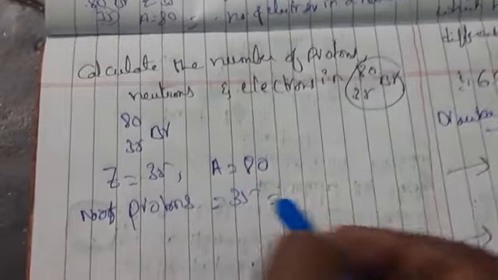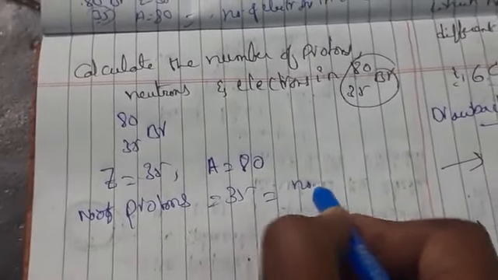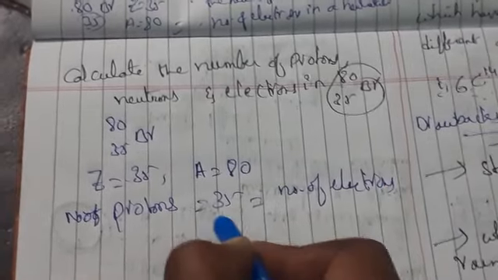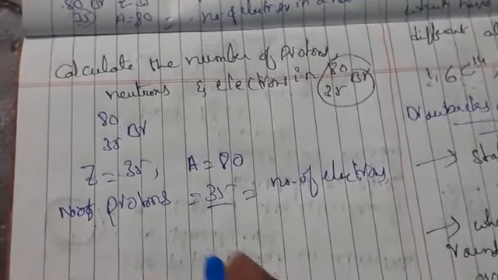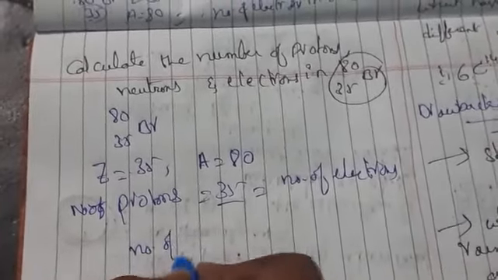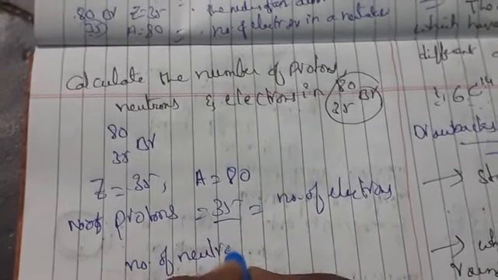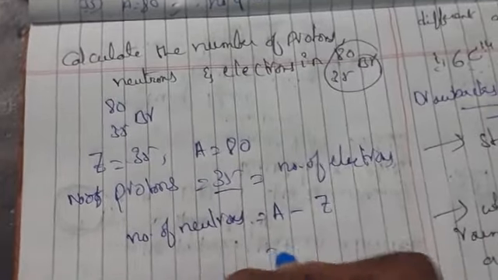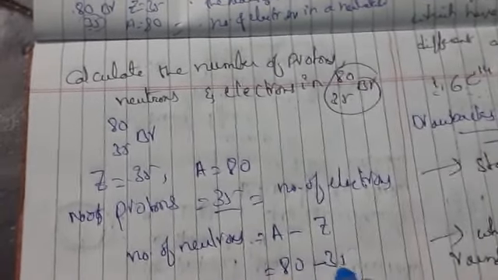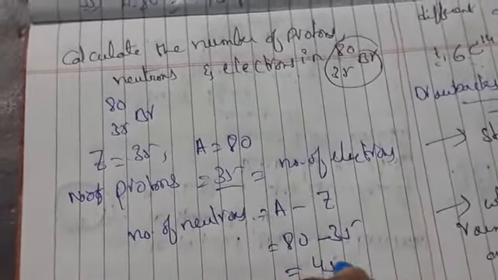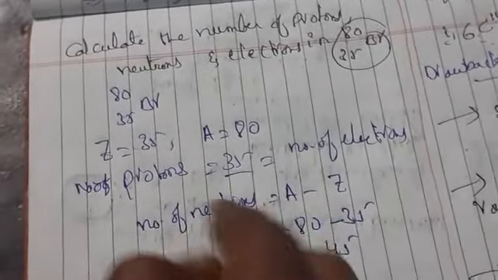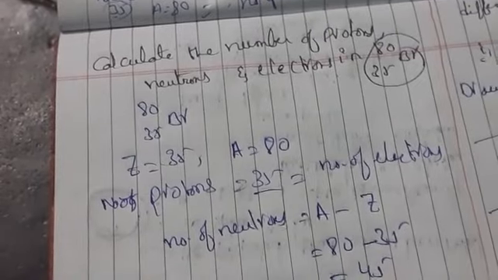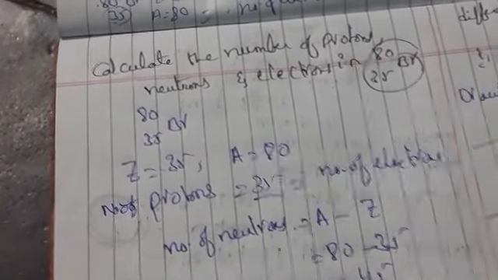Here the species is neutral, so the number of protons and electrons are equal, 35. The number of neutrons is equal to mass number minus atomic number, that is 80 minus 35, which gives 45. So this is the protons, neutrons and electrons calculation. This is the example.